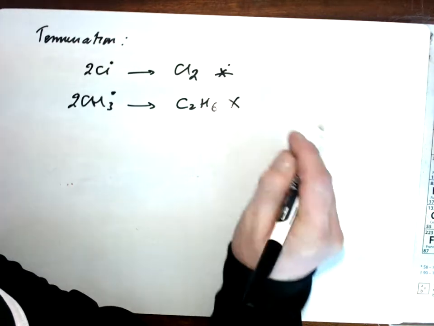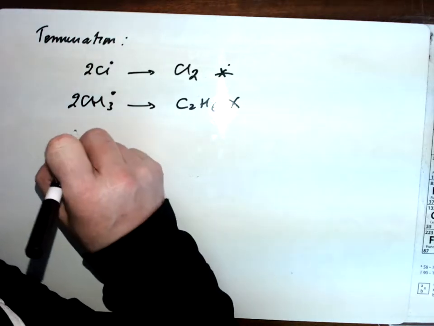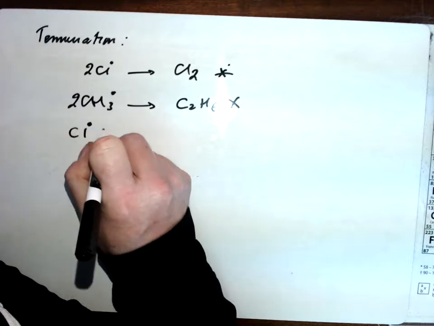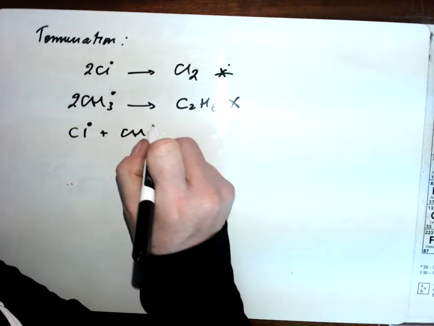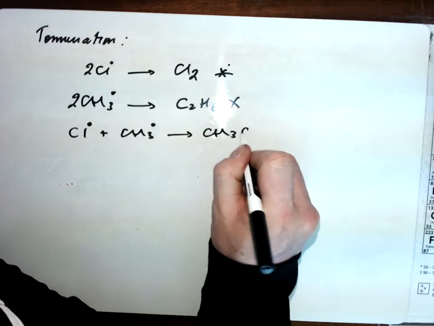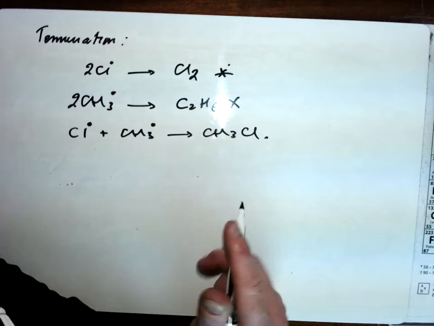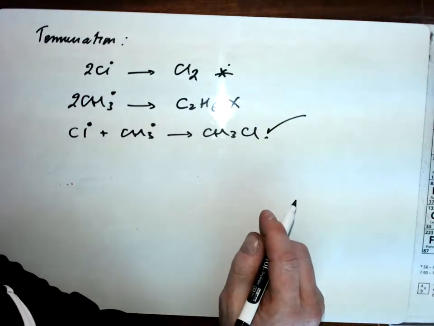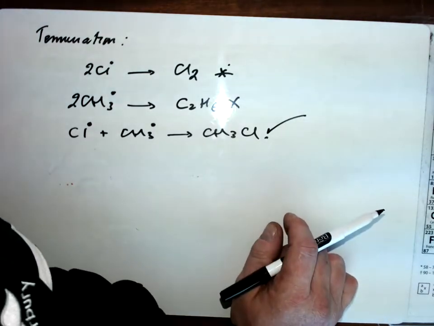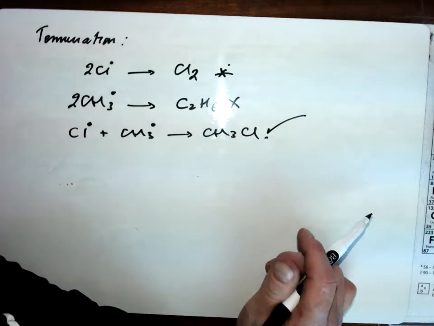Again, that's not really a desirable reaction. And finally, you'll get your desirable reaction, which is a methyl radical and a chlorine radical. They'll join together to give you chloromethane. That would be your desirable step. That's what you want. These others are simply unavoidable, and you will get a mixture of various different products at the end of your reaction.